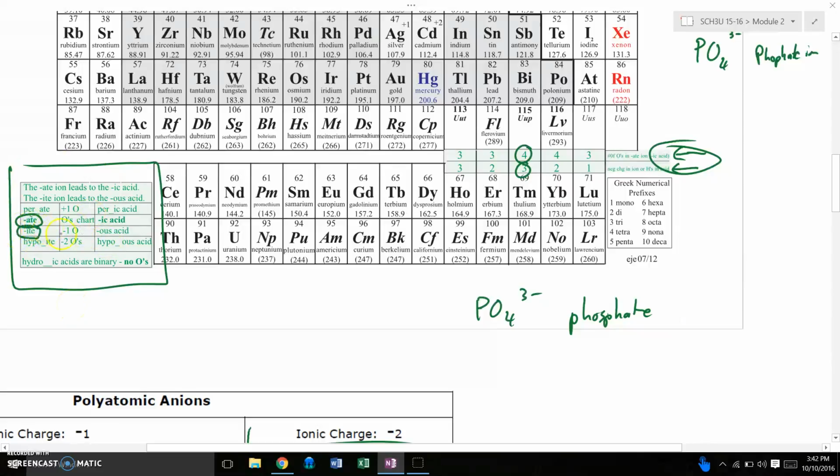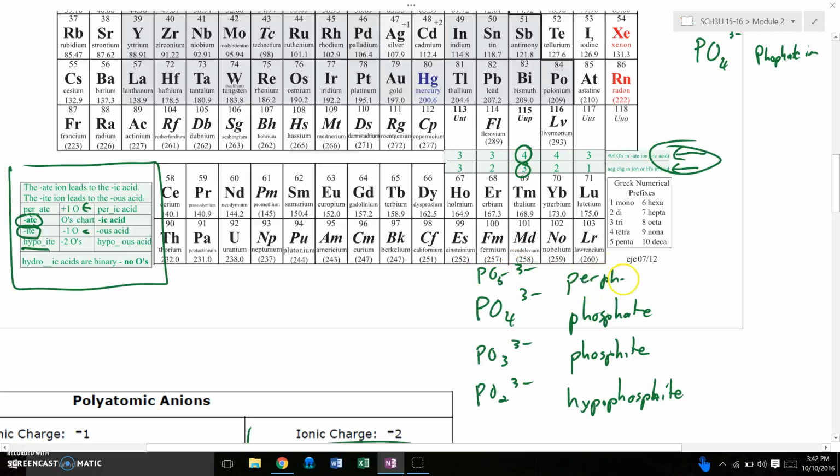The phosphite ion has 1 less oxygen than the main, so it would be PO3 3-, and that's phosphite. Hypophosphite would be PO2. And if we would have 1 extra than the main, we would have PO5 3-, and that would be perphosphate.